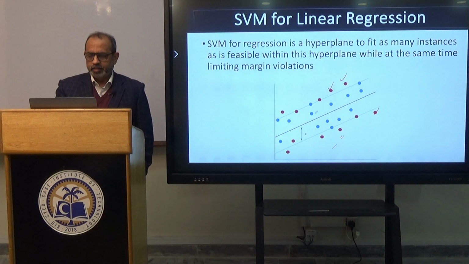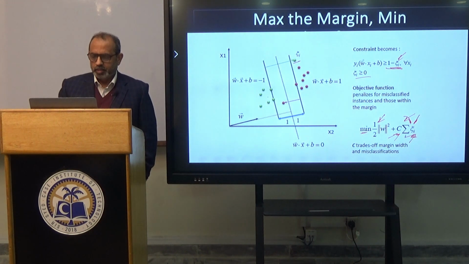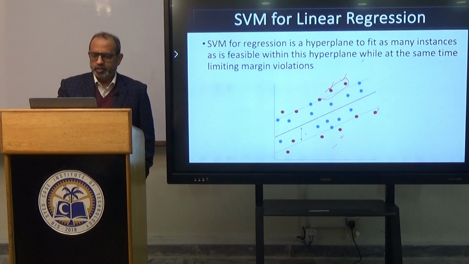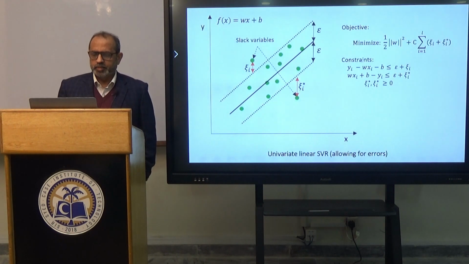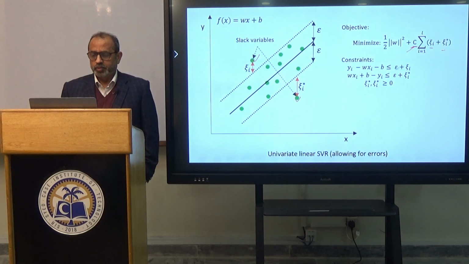You want to allow some points to be outside, and if you are allowing these outside, the same is the case with your model. Will have the provision with some. So this is where you are allowing this to be outside. You're allowing this to be outside, but you are saying there's going to be a penalty which you have to pay if something is outside. And so now you have this constraint relaxed.